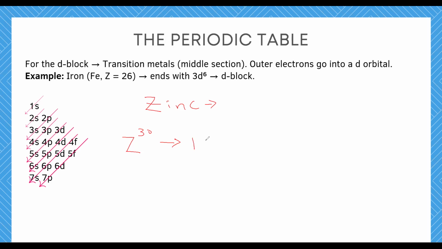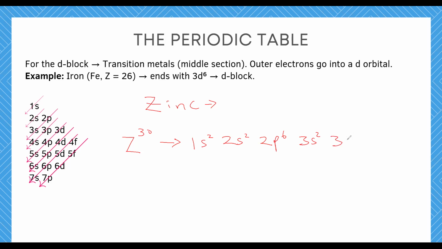1s2. Good. What's next? 2s2. Beautiful. 2p6. Good. 3s2. Good. Hope you're counting them as you're mentioning them. So what's next after 3s2? 3p6.